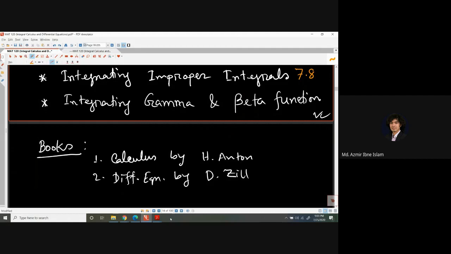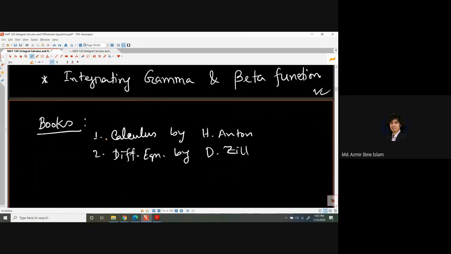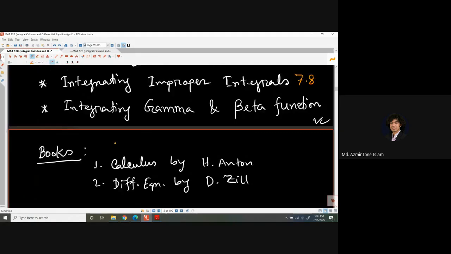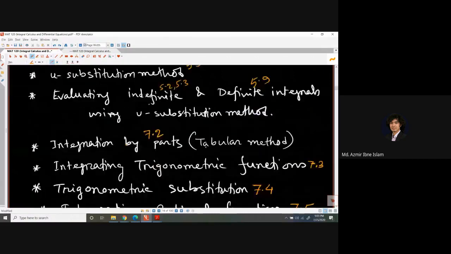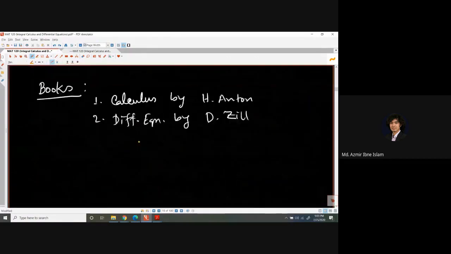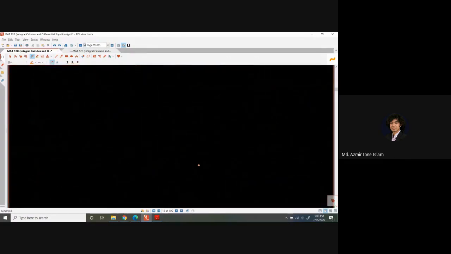So let's start from the U-Substitution method. Before starting, you have to know some basic formulas.